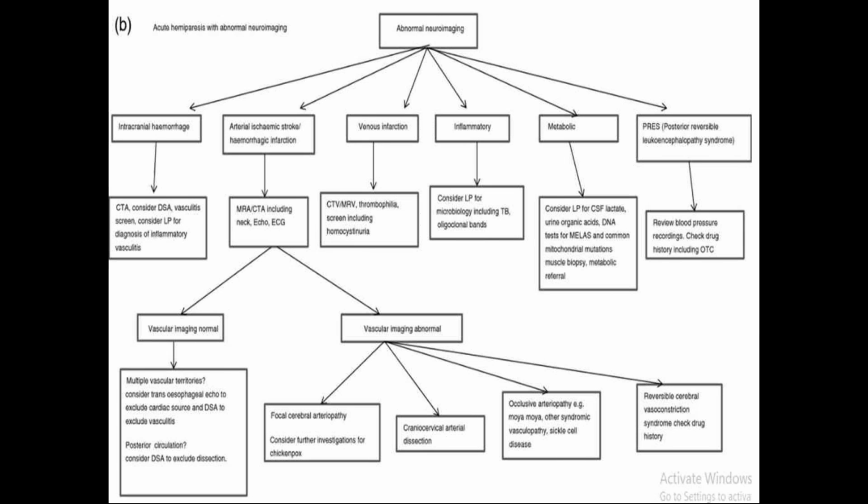There may be infection, as we discussed. Infection is always there, and in India, TB is always there. So inflammatory causes and TB. And metabolic causes, you can think of MELAS and other mitochondrial abnormalities, mutations.